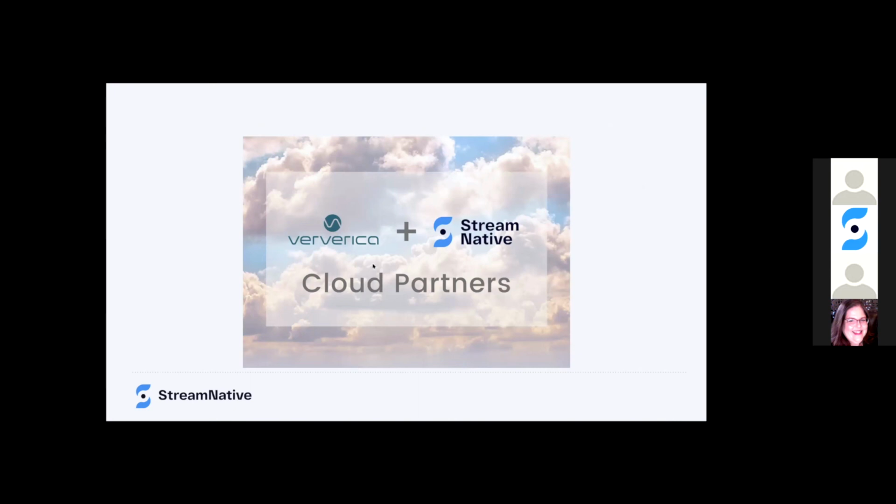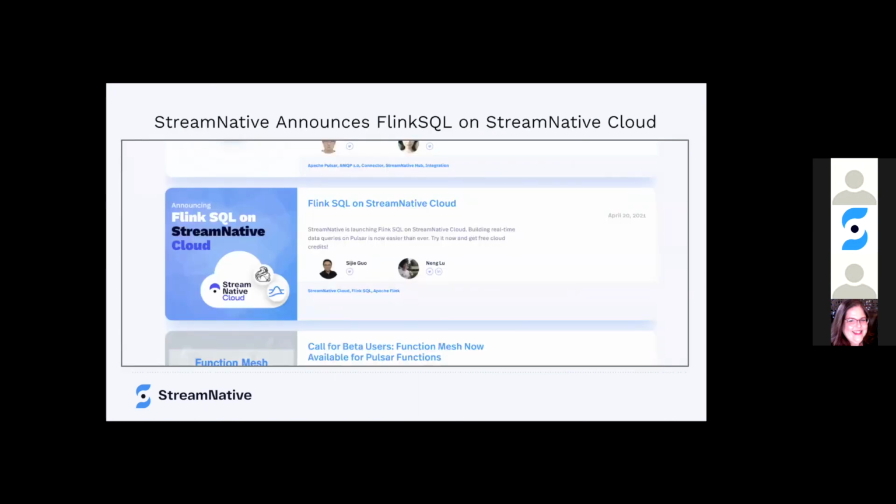StreamNative and Ververica are now cloud partners, and a big reason behind that is the synergy between Apache Pulsar and Apache Flink. We're super excited about the announcement we made last week: we just announced Flink SQL on StreamNative Cloud.